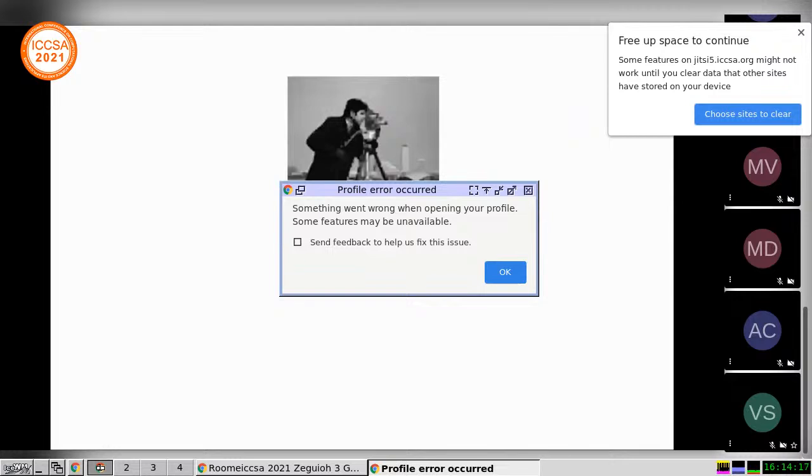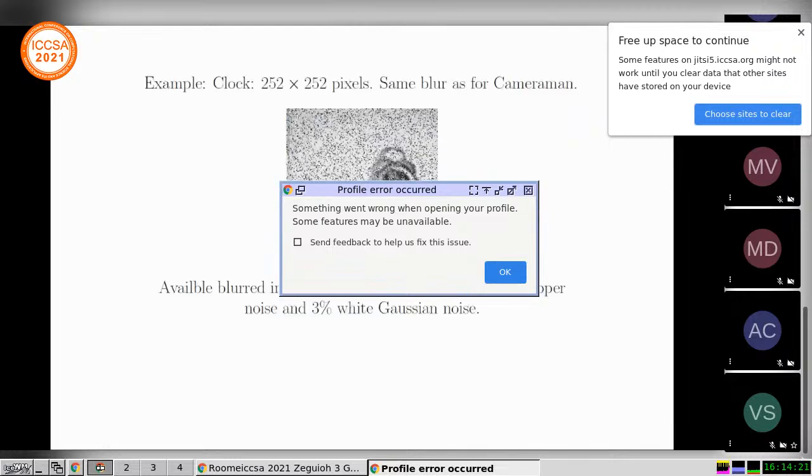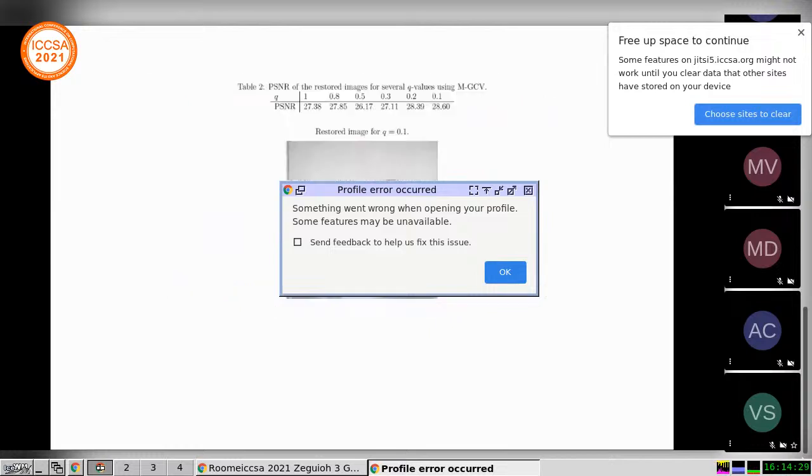And we have another image here we can show. Well, no, we should go to the next image. Here's another image, 20% salt and pepper noise, 3% white Gaussian noise. And here is our restored image. And what the table at the top tells us is that choosing Q smaller gives better restoration.